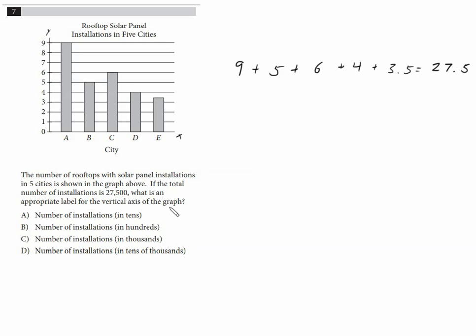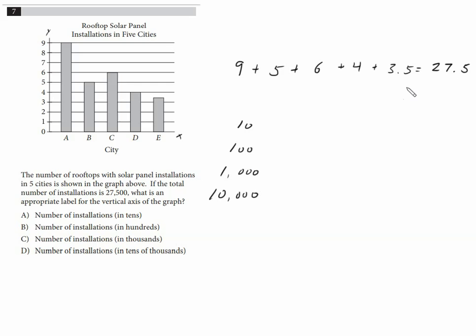So if we look at the available answers, the question is now, do we multiply the axis by 10, 100, 1,000, or 10,000?